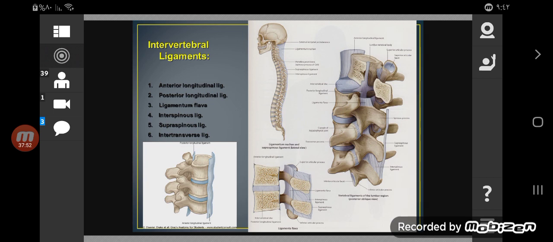Ligamentum nuchae has elastic fibers, and because of the tensile property of the elastic fibers, you can keep your neck in a straight position with less muscular action because of this ligament.